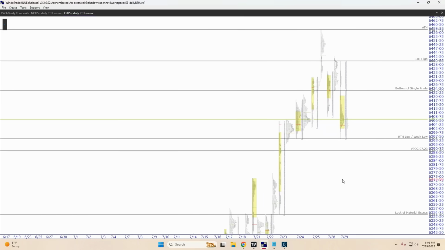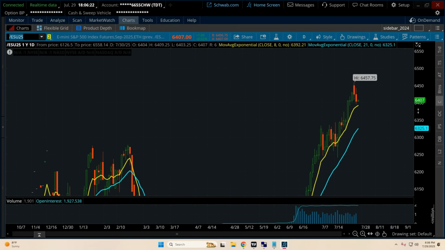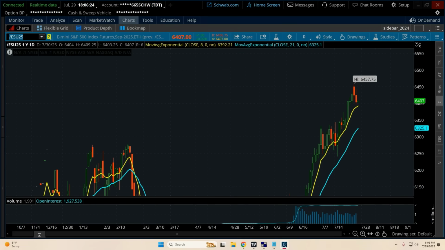There's some profile nuances that you can use to your advantage to trade, and also to be looking for potential signposts. And then my other thing that I would be looking very closely at is very simply the 8 EMA on the futures, on the daily here. I like to keep it simple, as you know, 8 EMA and 21 EMA only. And look at the price action in terms of how much you've been hanging out at this 8.